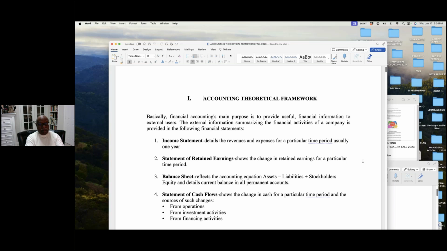That's what you should have learned how to prepare in Principles 1. We prepare these statements in Principles 2, but we have managerial journal entries to go on top of the regular journal entries.